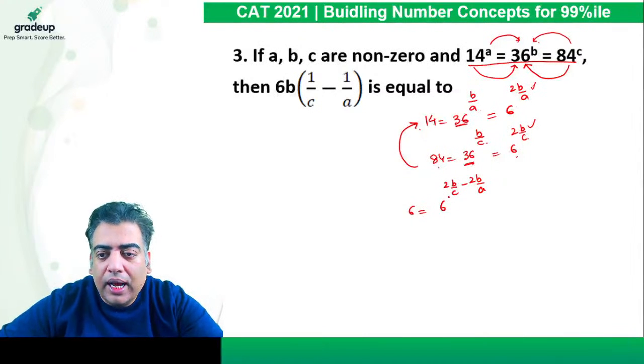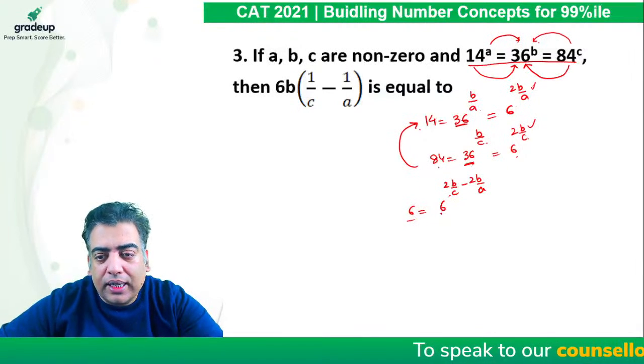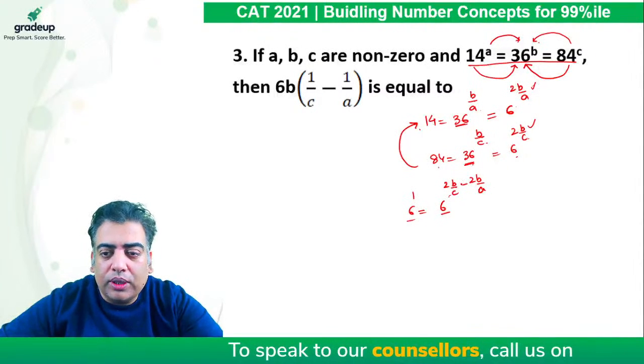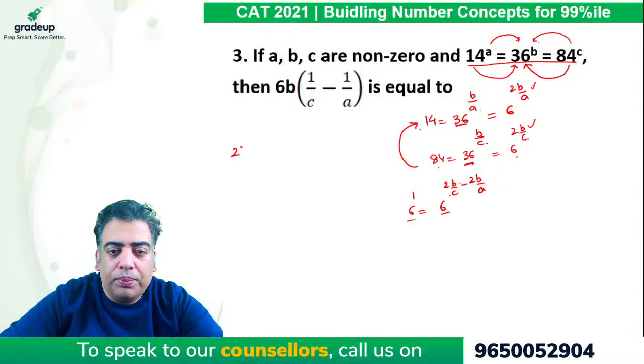So that's why I subtracted the powers here. Now, when the base is the same, powers can be equated. So the power 2, taking 2B common, 2B into 1 upon C minus 1 upon A comes out to be 1.